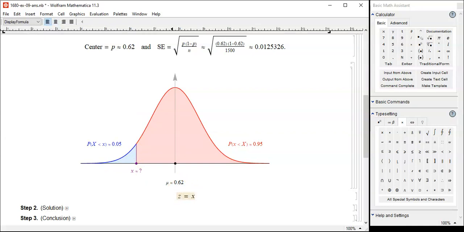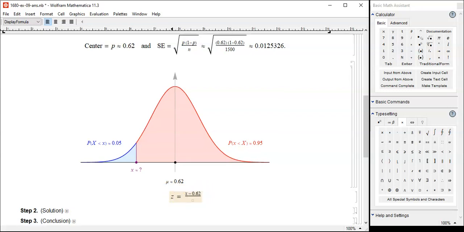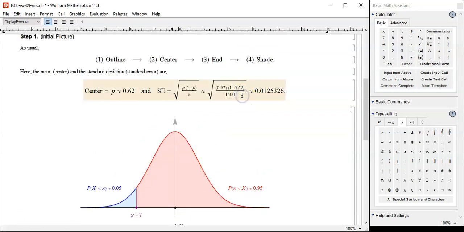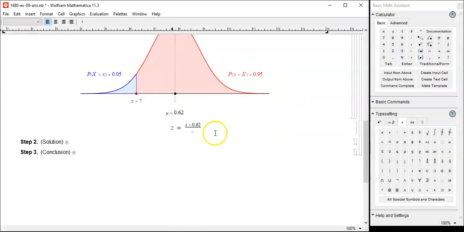Z-score is end minus center over SE, and SE computation is something we did before: square root of P, 1 minus P over N, so 62%, 1 minus 62% over 1,500, and then square root. It's going to be this quantity here, and that goes to the denominator.